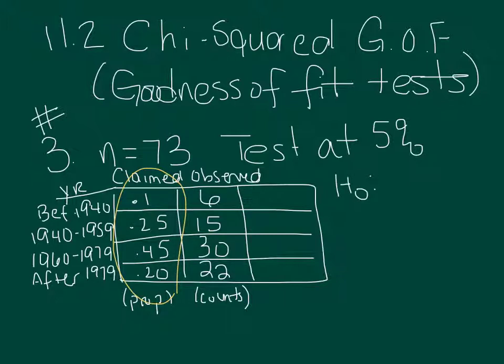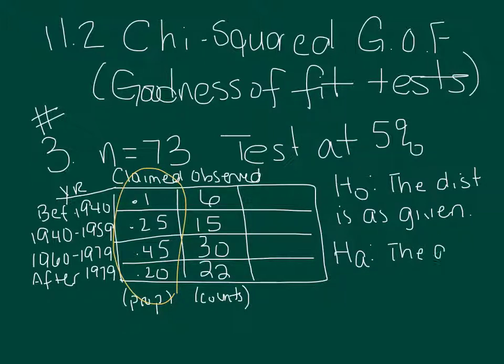Your null hypothesis in a goodness of fit test is the distribution is as given. Sometimes I like to write that out, but otherwise it's right here on this table. And your alternative hypothesis is the distribution of stamps differs from given.